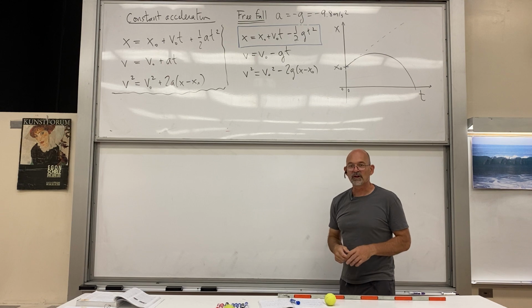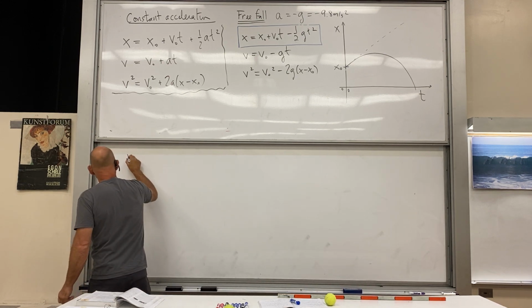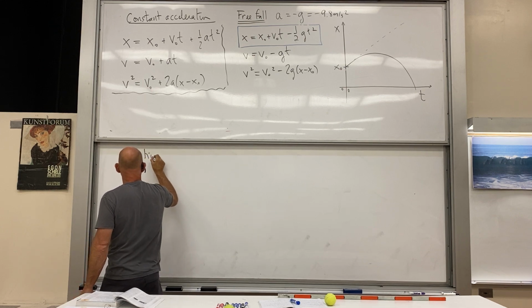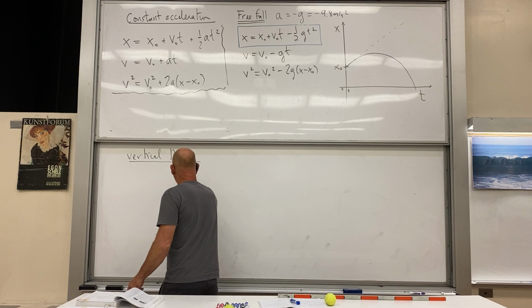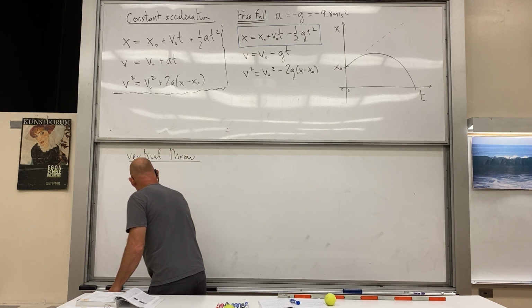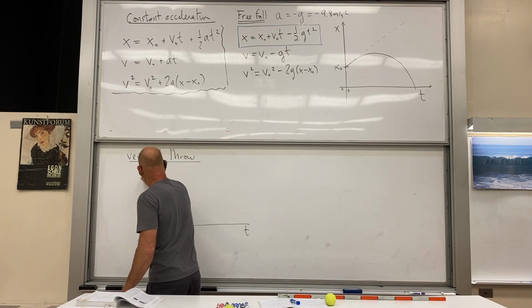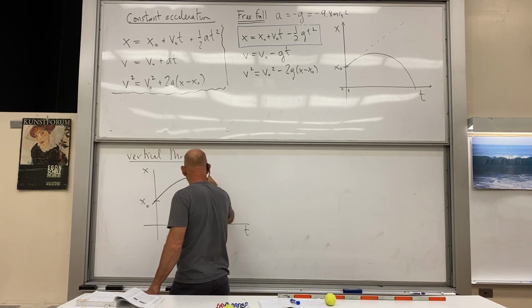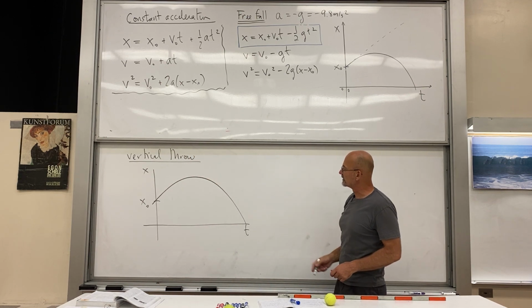Same thing now, vertical throw, but not from the ground. So once again, vertical throw. This is the original one I drew. Okay, so t, x, x0, and it finally strikes the ground sometime here.